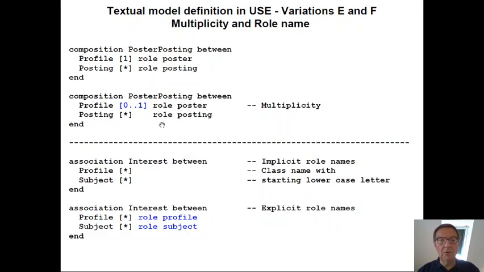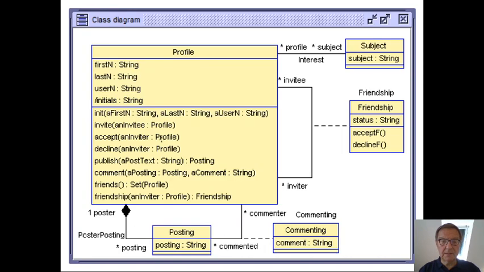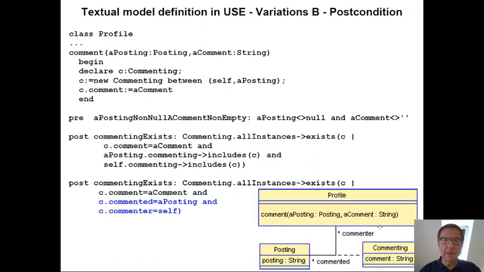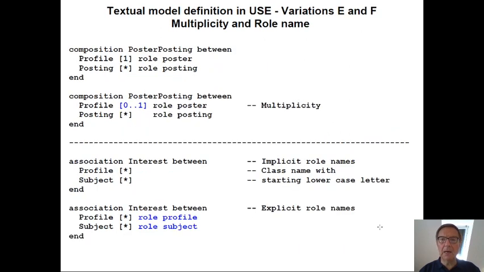This would allow posting objects to exist without being connected to a profile, which does not make so much sense in our context, and therefore the original multiplicity was well chosen and was okay.